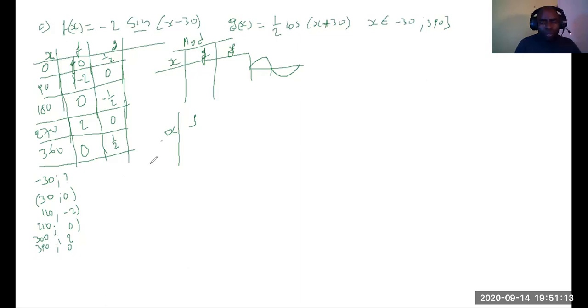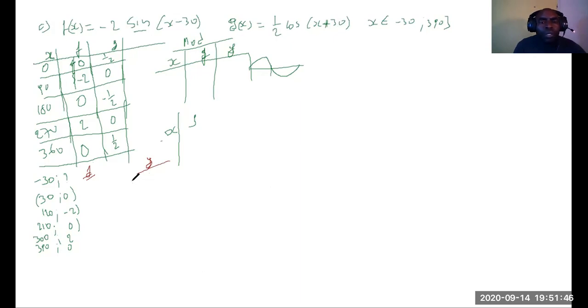So the other one, let me change color. This is for F. This is for G. Now the other one, they have added 30, meaning we moved 30 degrees to the left. So what was 0 will be negative 30, which is perfect there.